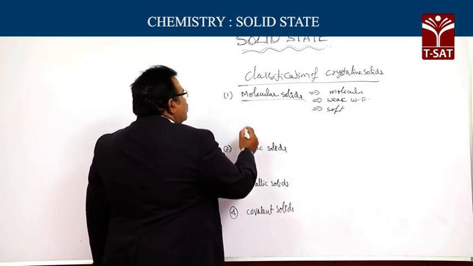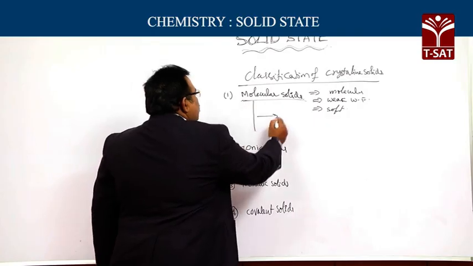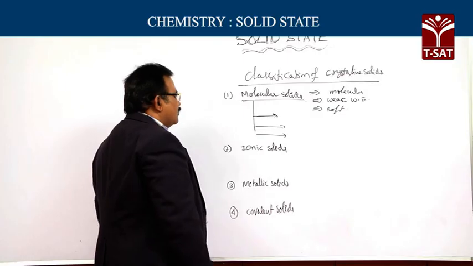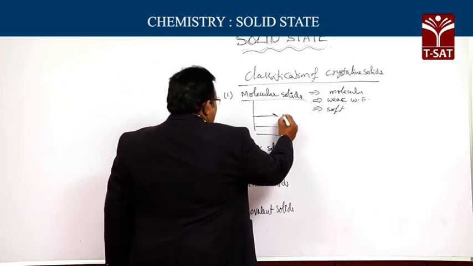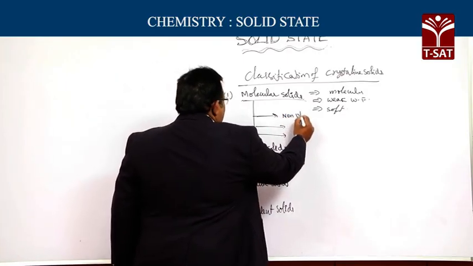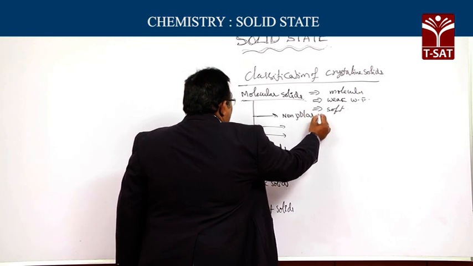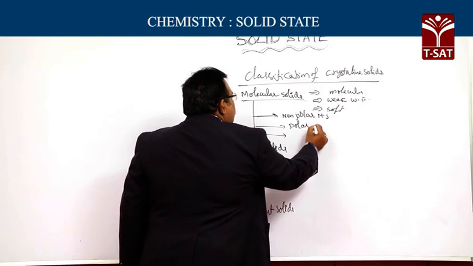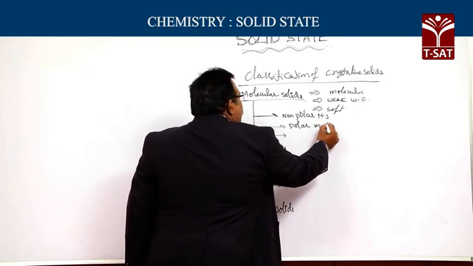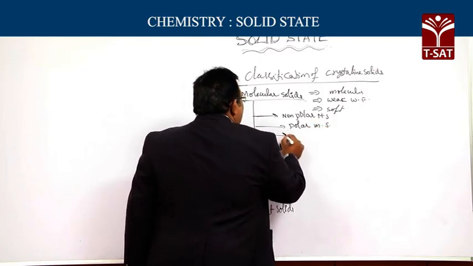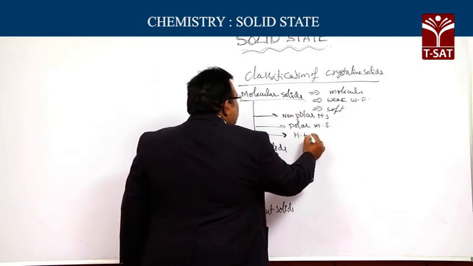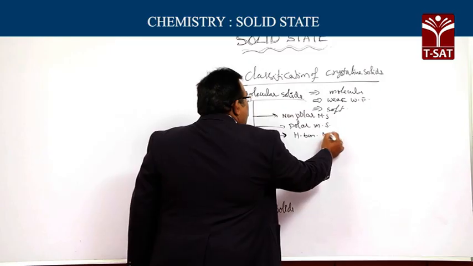Molecular solids again are of three types: non-polar molecular solids, polar molecular solids, and hydrogen bonding molecular solids.